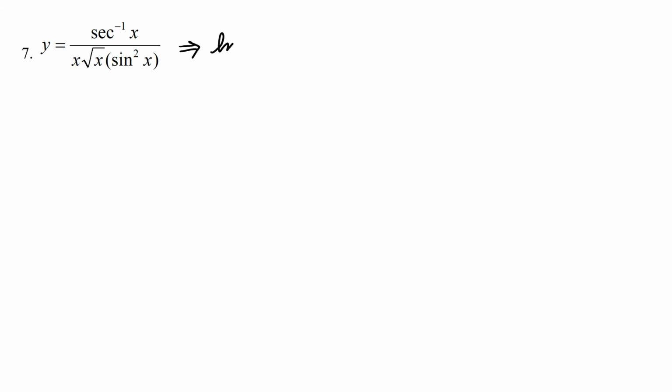So we'll take the natural log of both sides, and we have the natural log of y is equal to the natural log of inverse secant of x all over, and then let's rewrite these so that it's a little easier to use our log rules. So x times the square root of x is x to the first power times x to the 1/2 power, which gives us x to the 3/2 power. So that's just my x root x rewritten with a power there.